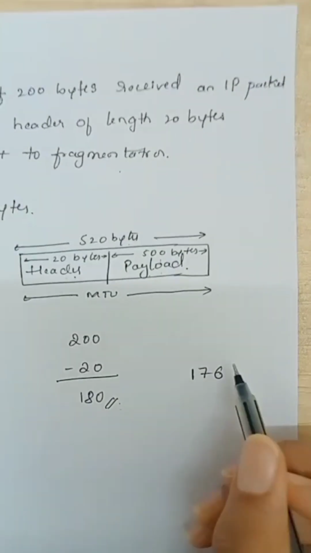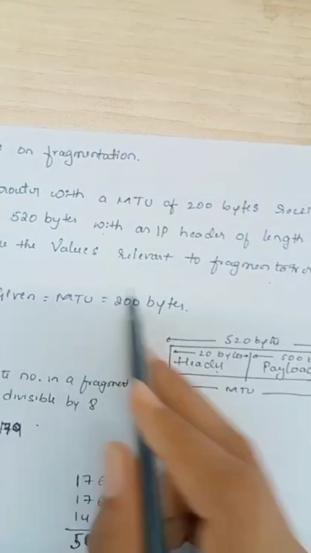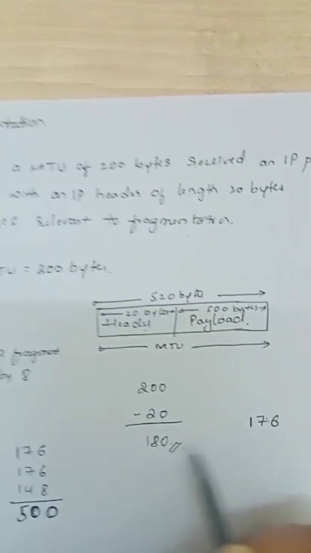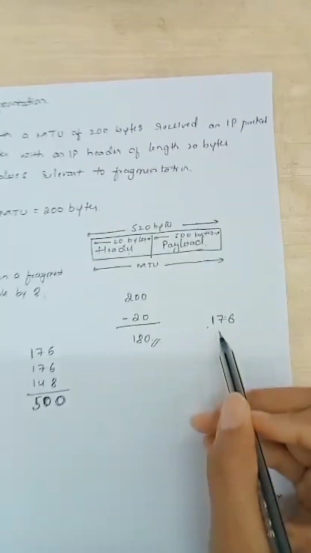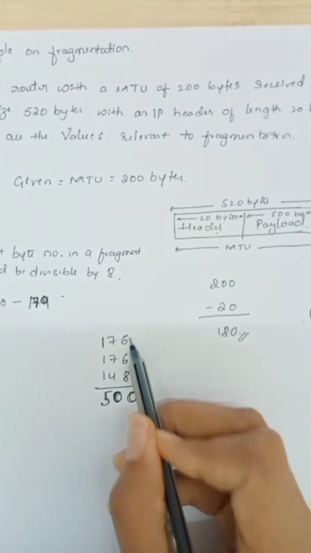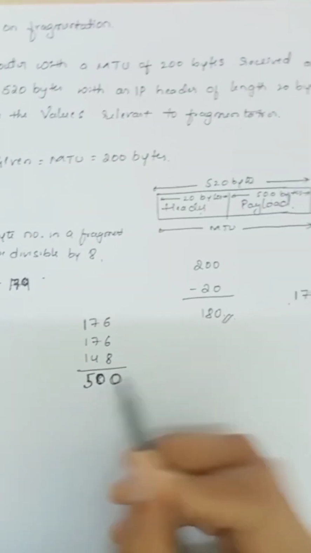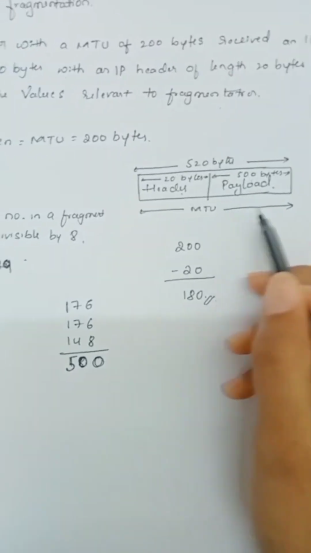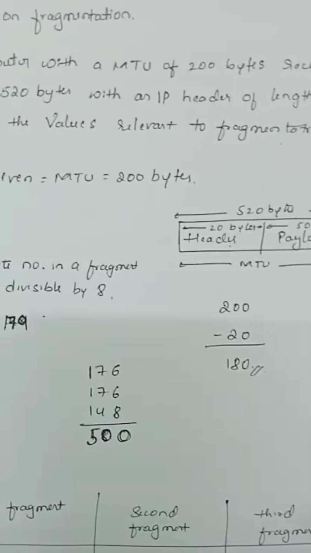Let's consider a fragment size of 176 because it is less than 180, and it is also divisible by 8. So 176 plus 176 plus 148 equals 500. So we have divided these 500 bytes into 3 different fragments.